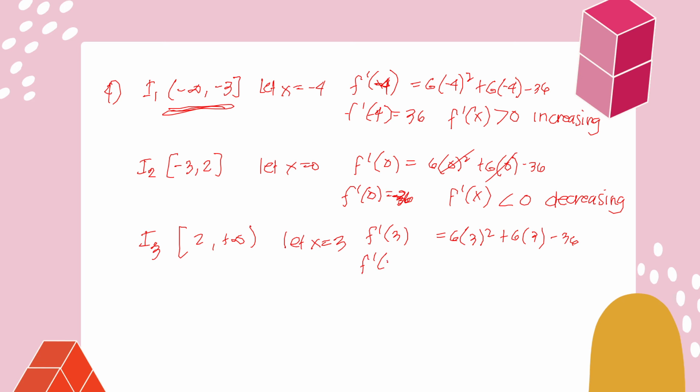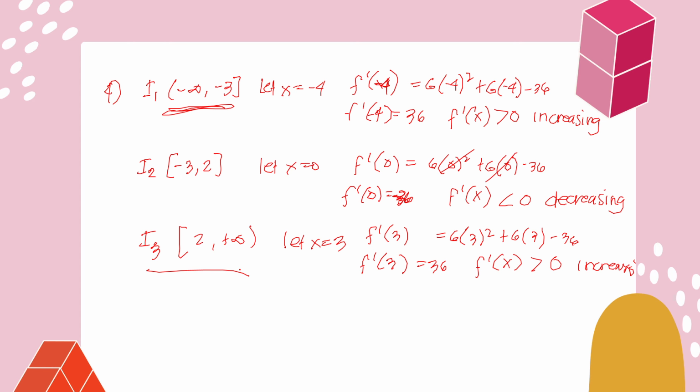So f prime of 3 is equal to 36. We could have a conclusion that it is greater than 0. Therefore, the function is increasing in this particular interval, 2 to positive infinity.